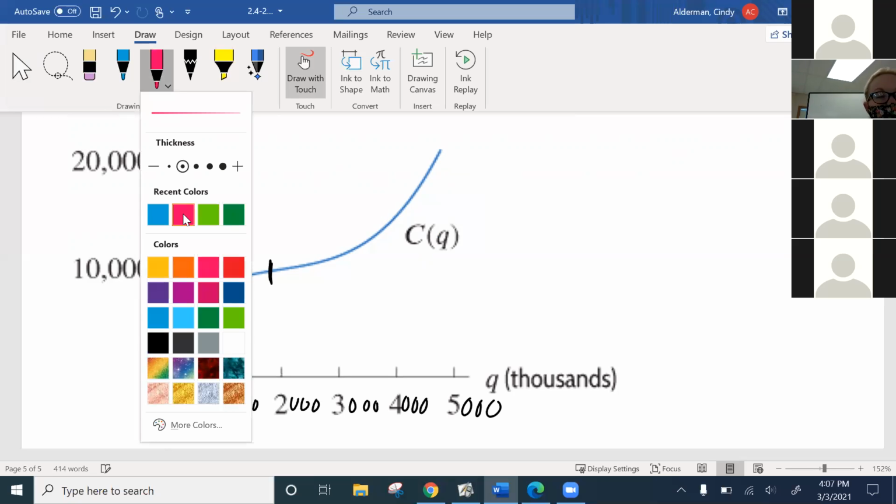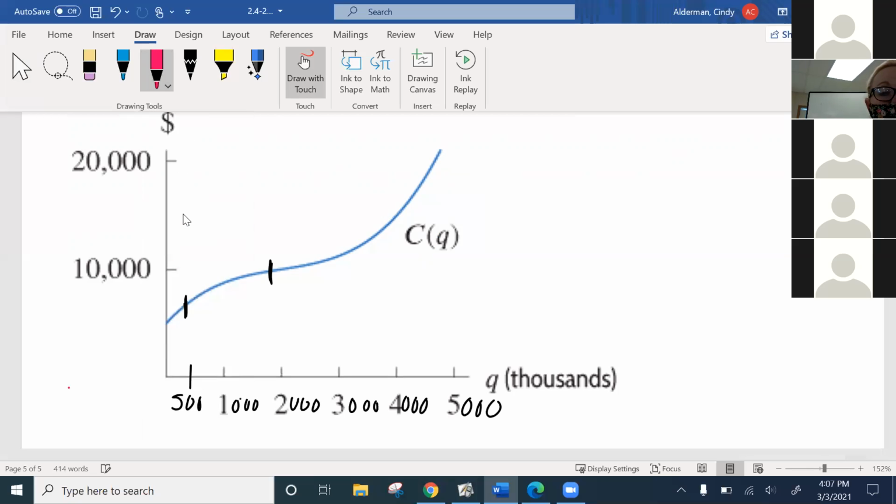So cost more, meaning marginal cost, meaning slope. So we're going to take a look at the slope right here of a tangent line and the slope right here. Well, this one is steeper.